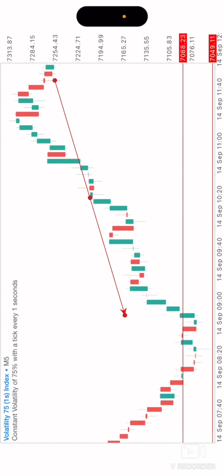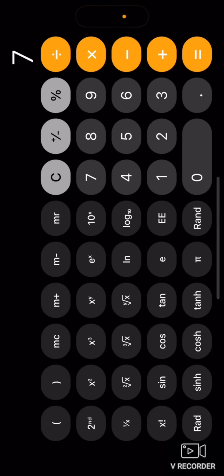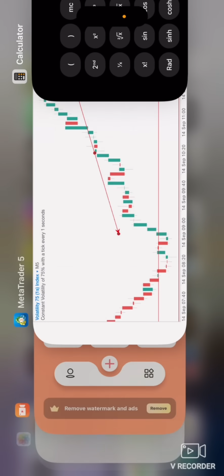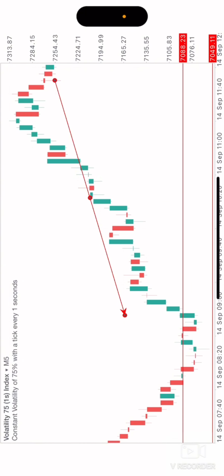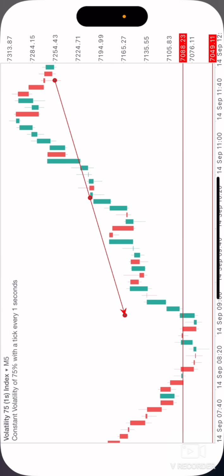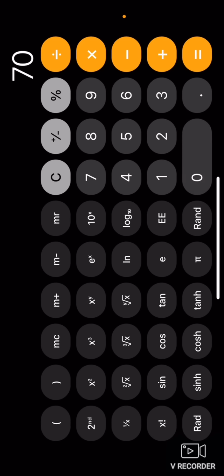Let's calculate this together. 7088.23 minus 7049.11, then times it by, let's use lot size 1. Yeah, now I'm risking $39.